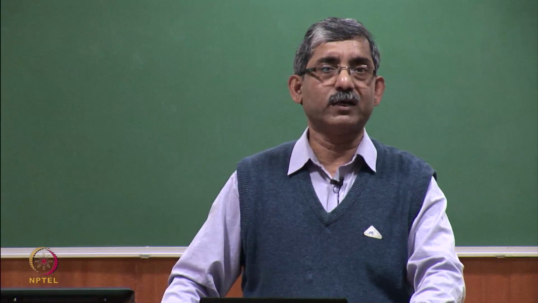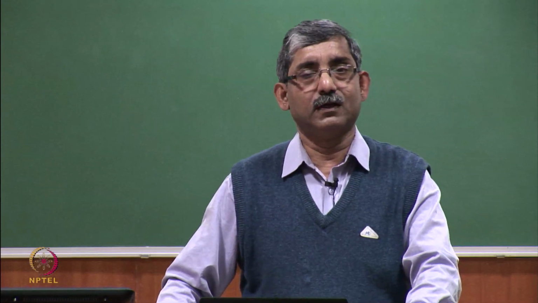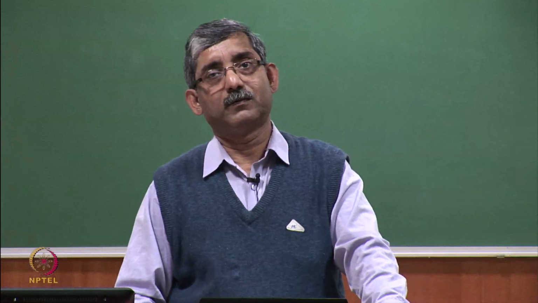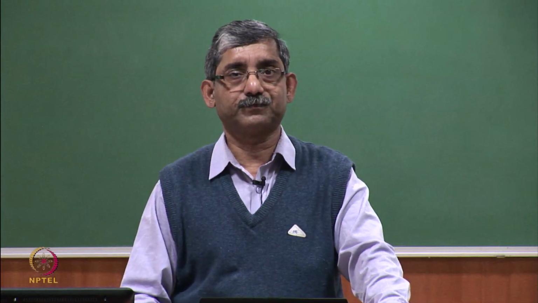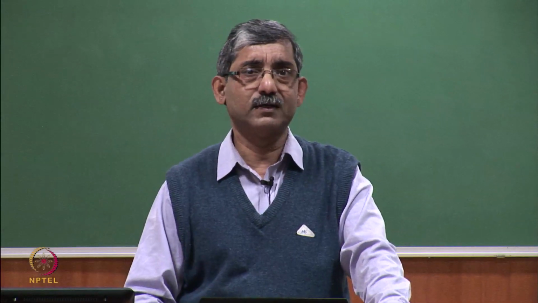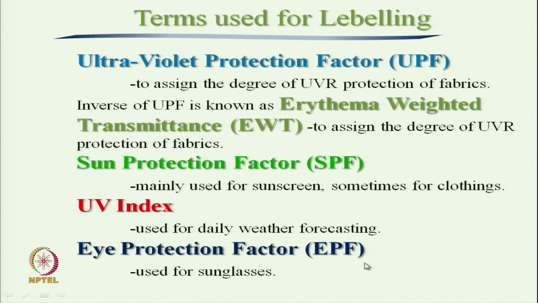So, if it is cloudy, the UV index of that particular zone will reduce, and vice versa. EPF, eye protection factor, is mainly used for sunglass. So, there are different terms we must know: UPF, EWT, SPF, UV index and EPF.